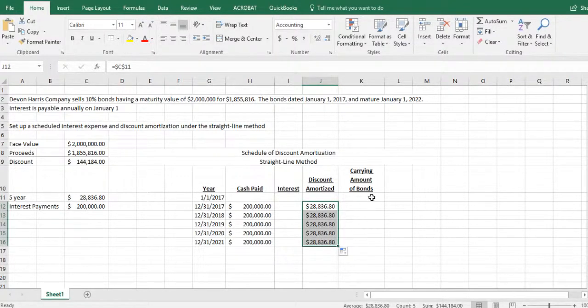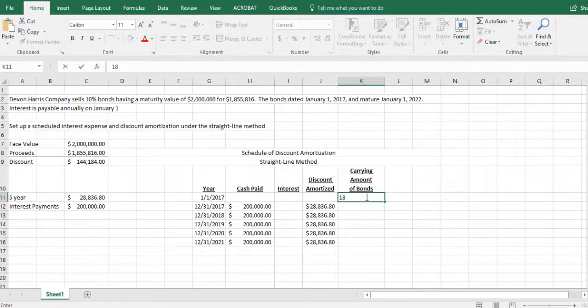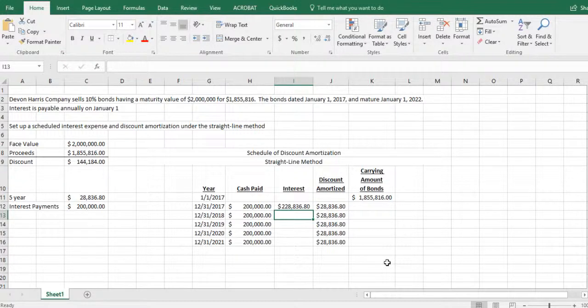We started out with $1,855,816. If we are paying out $200,000 and we are amortizing $28,836.80, then we are going to have $228,836.80 every single time for our interest expense. Because when we sell bonds at a discount, we have in essence prepaid that interest by not collecting it at the point of sale.